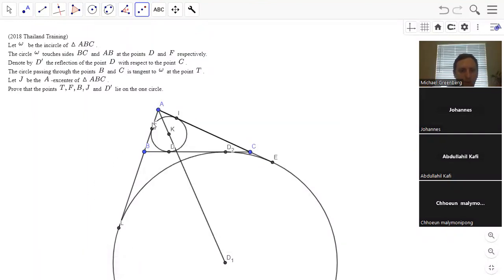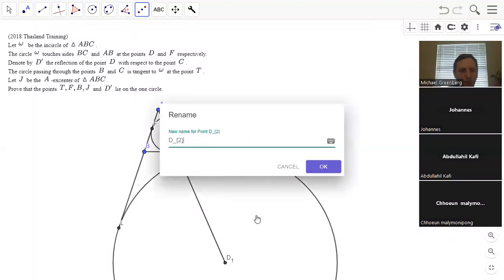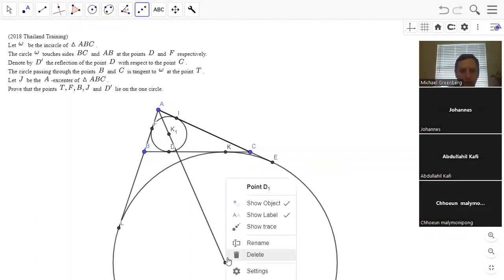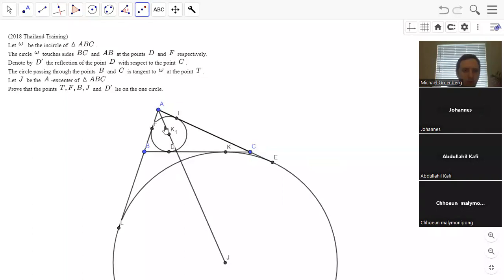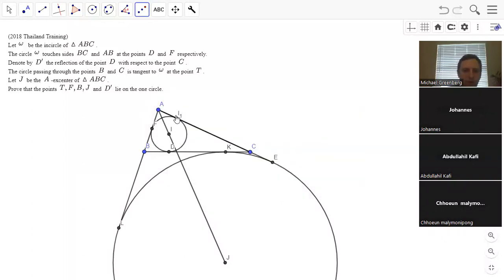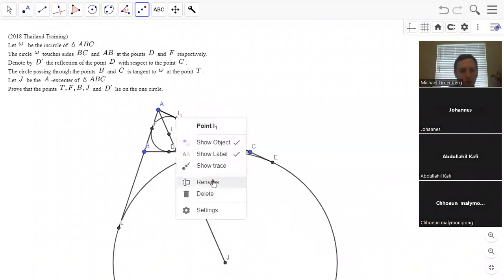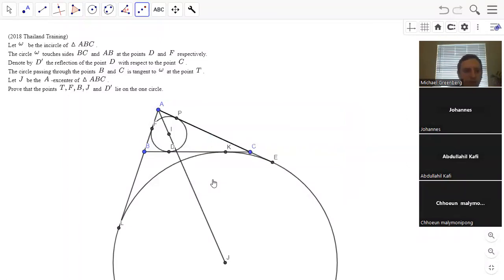And BC, that's still F. You could call this, passing through the points K, let's call this J, let's call this I, and then L, or no, let's call it P.